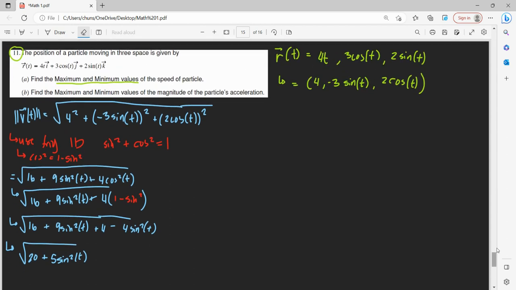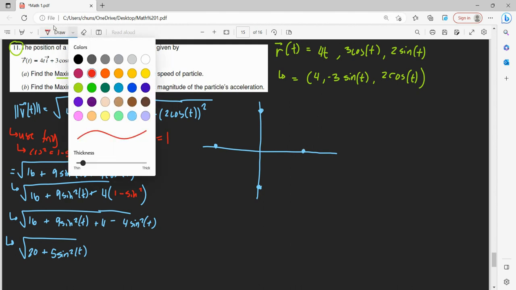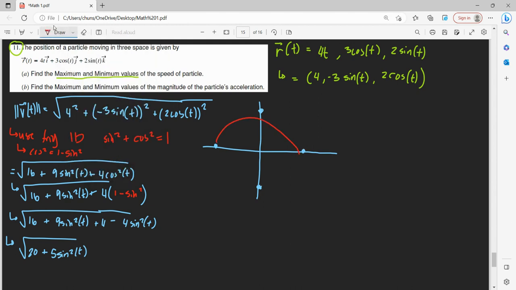So then our next step is to think about our largest value of sine and our smallest value of sine, right? To either maximize or minimize this. So when you think about our Cartesian, let's only worry about stuff that's happening up here.